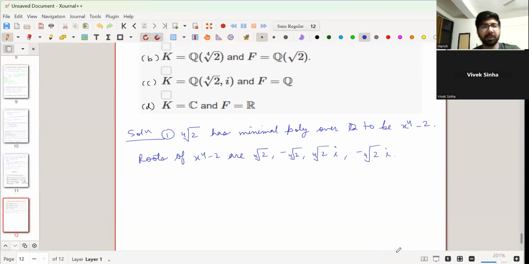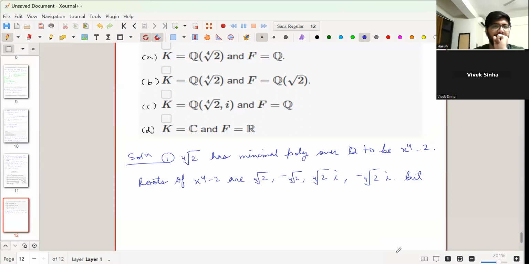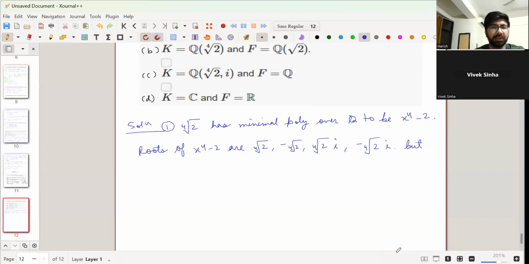But these are not inside your K, right? If it is a splitting field of this polynomial, then it must contain all the roots of this polynomial. But it is not containing these two roots. So it is not a normal extension.